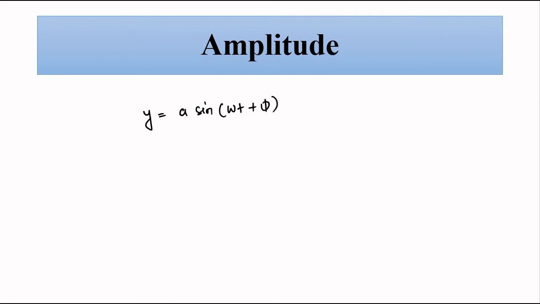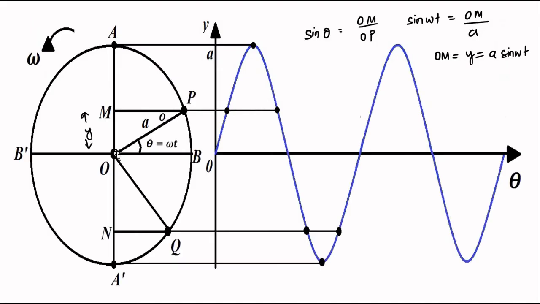The maximum displacement which the particle can undergo, in between the two extreme points, can be either OA or OA dash.